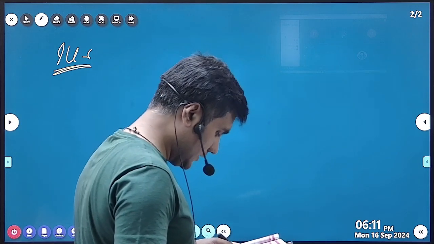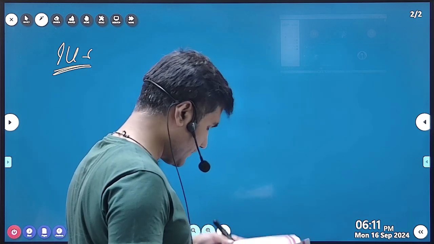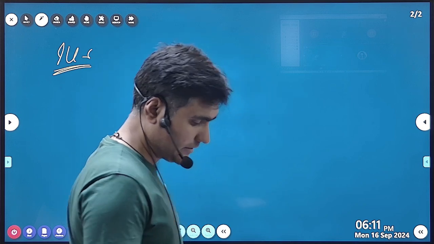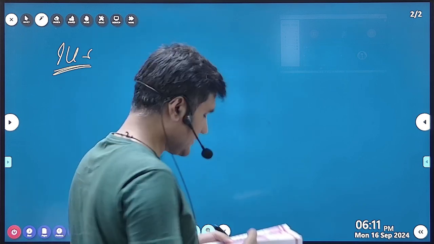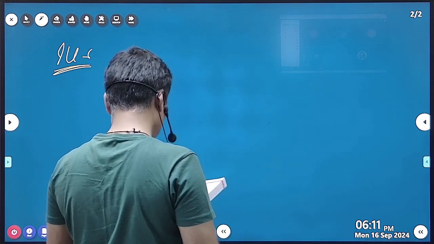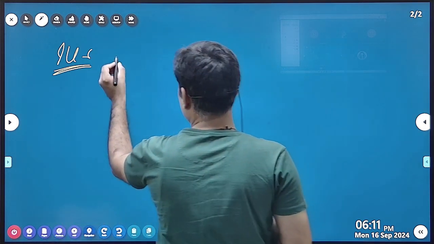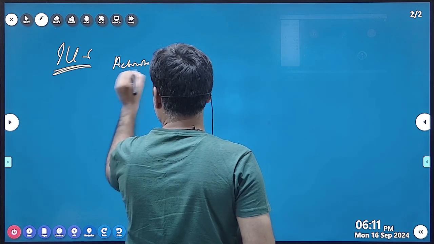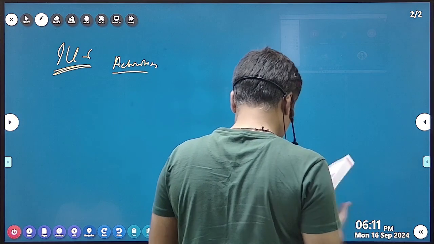So first we have to do what? We have to calculate the budgeted cost, activity cost, consumption rate. We will list out the activities.